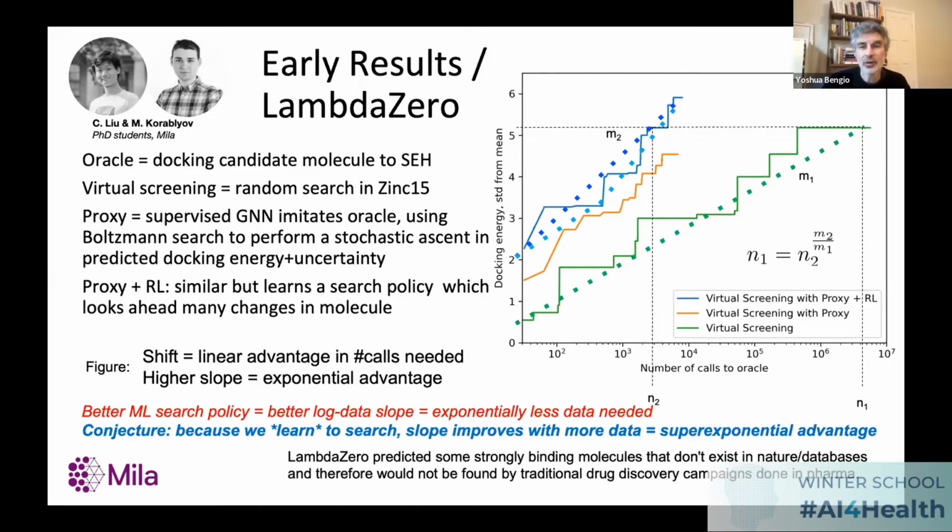So that's what the figure on the right shows. On the x-axis, on the log scale, you see 10 to the 2, 3, 4, 5, 6, 7. This is the number of calls to the oracle, the number of experiments that I might do. On the y-axis, here it's docking energy, actually minus energy, so high is good.